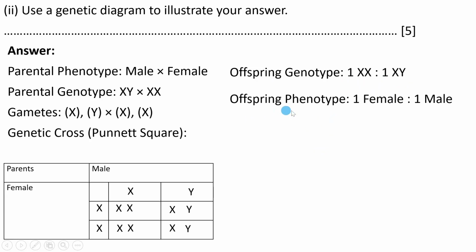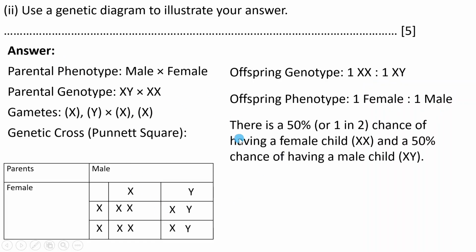It means that XX is female and XY is male. Okay, so this is the diagram. This shows that there is a 50% chance of having a female child, XX, and a 50% chance of having a male child, XY.